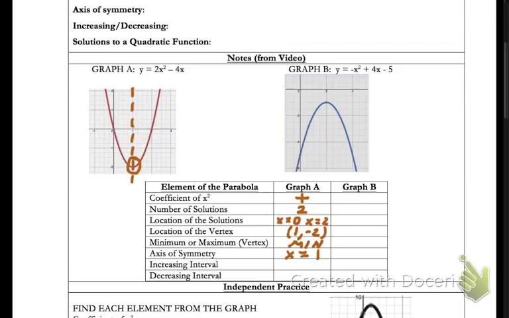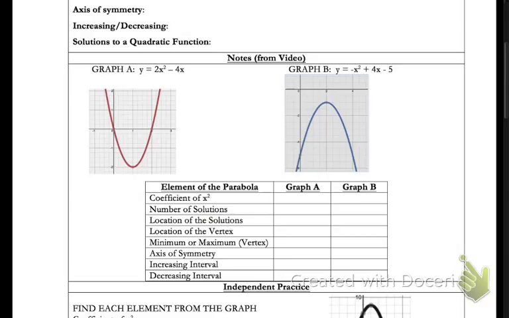So I'm going to draw some arrows on the parabola now, and these arrows are going to represent what the y values are doing from left to right. So notice the parabola is going down, it's going down, it continues to go down until it gets to the vertex, at which time it goes right back up. So the arrows that represent the parabola going up is where the parabola is increasing.